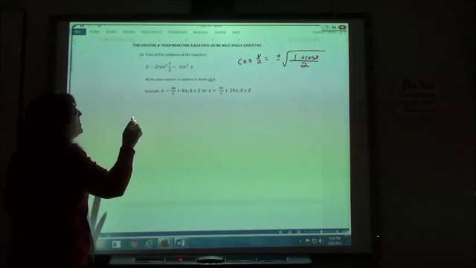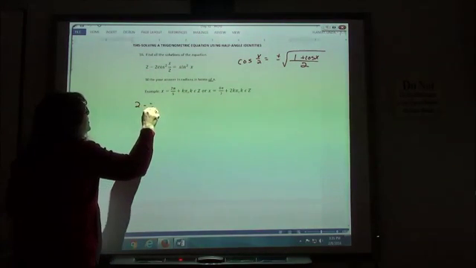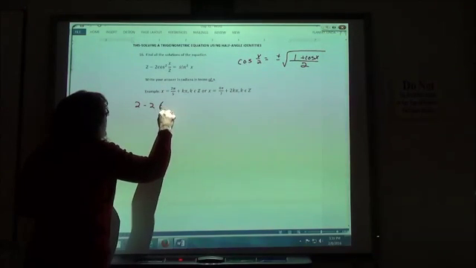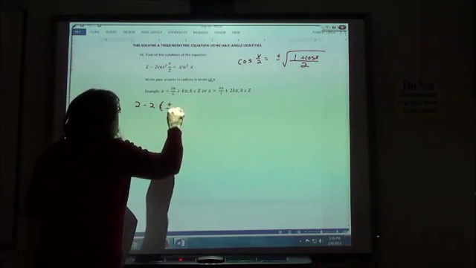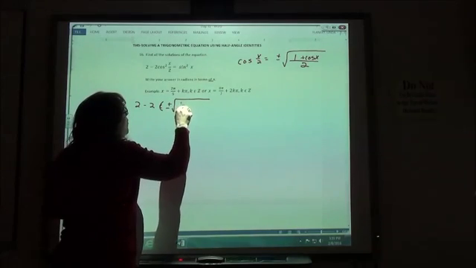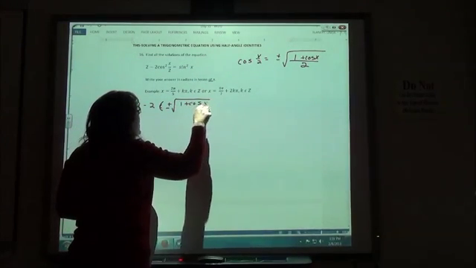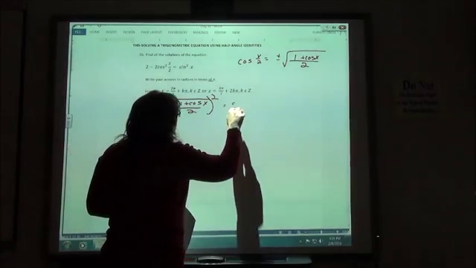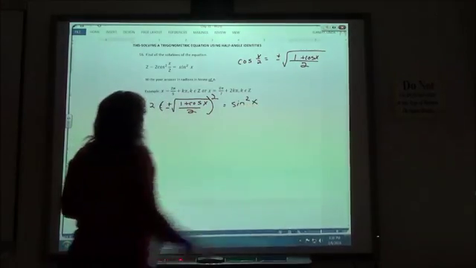So substituting that in, we're going to have 2 minus 2 times plus or minus the square root of (1 plus the cosine of x) over 2, but it's going to be squared, equals the sine squared of x.